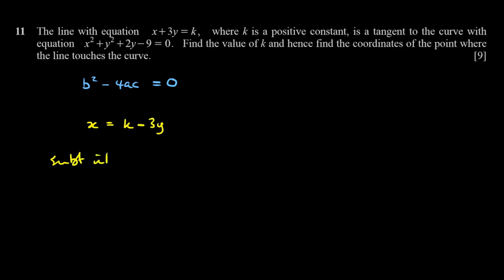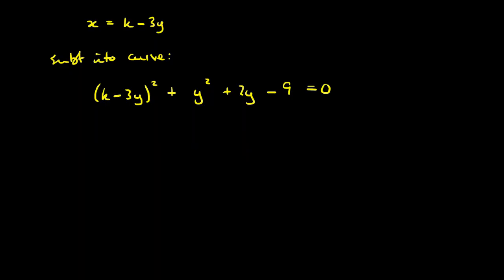So if I do that, I'm going to get k minus 3y all squared plus y squared plus 2y minus 9 is equal to 0. So now what I've got to do is just expand that. So if I expand the bracket there, I'm going to get k squared minus 6ky plus 9y squared plus y squared plus 2y minus 9 is equal to 0.